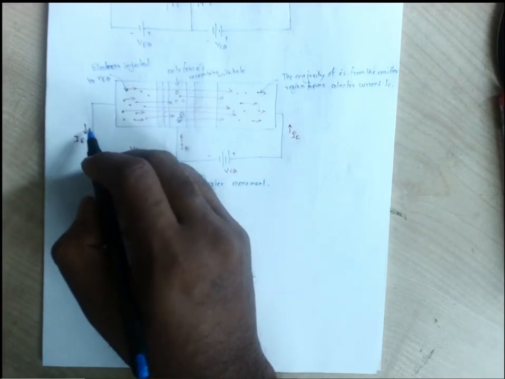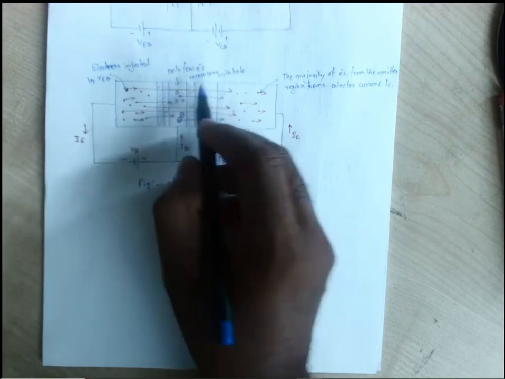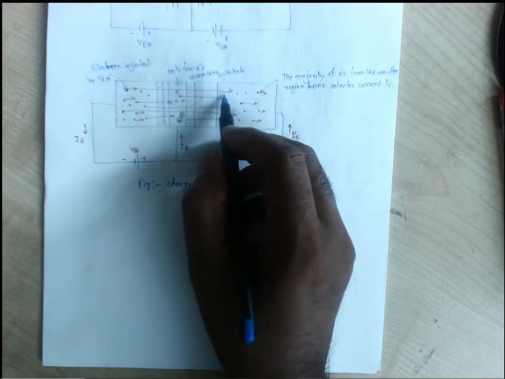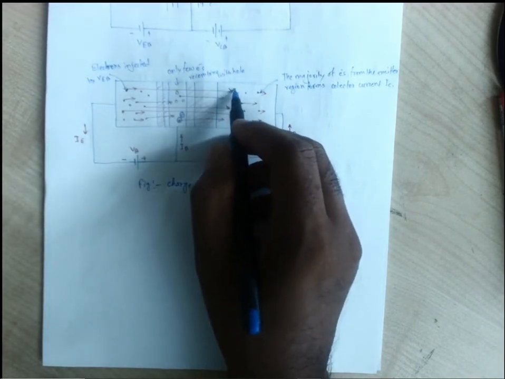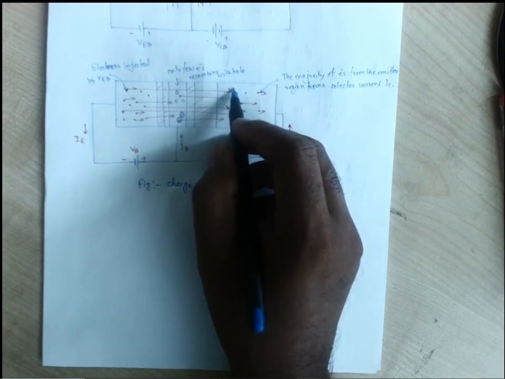For the PNP transistor, the whole movement will be the movement of the current. That is the only difference.